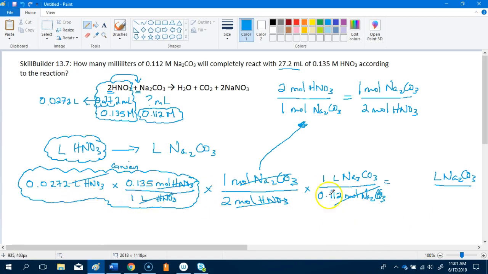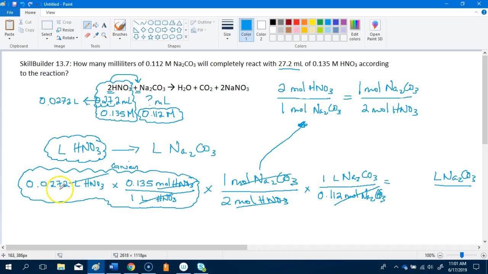1, 2, 3, 4 different components in the end, starting out with what I was given, and then using my molar ratios, and then ending with the concentration of sodium carbonate. So to finish off, I'm going to multiply across my numerators.